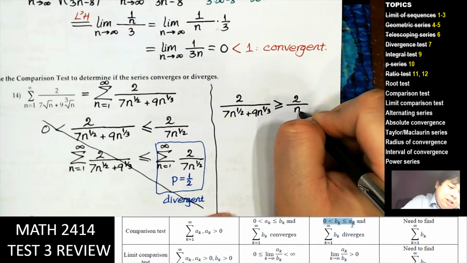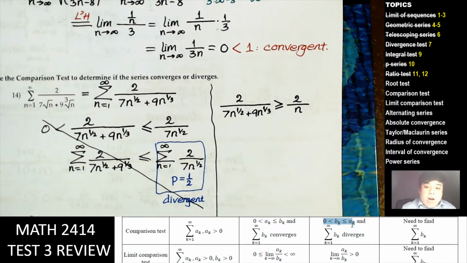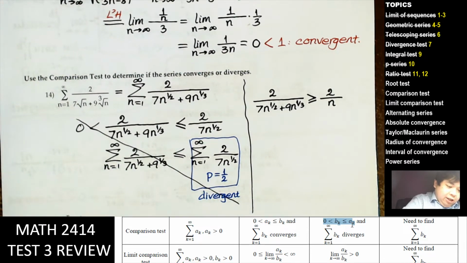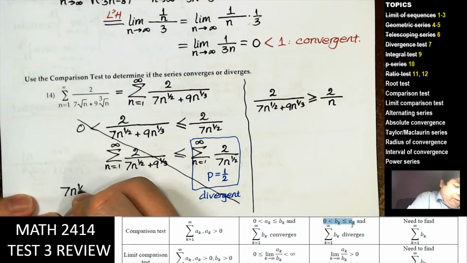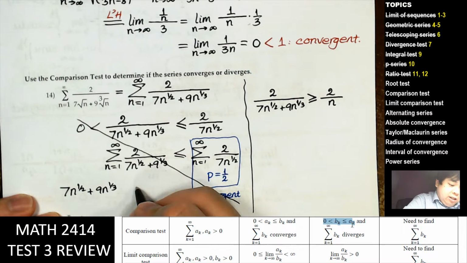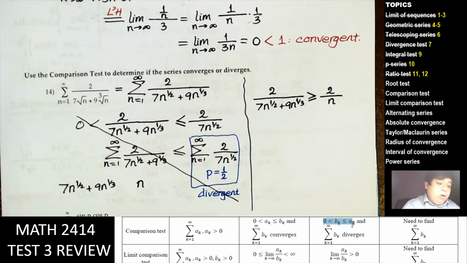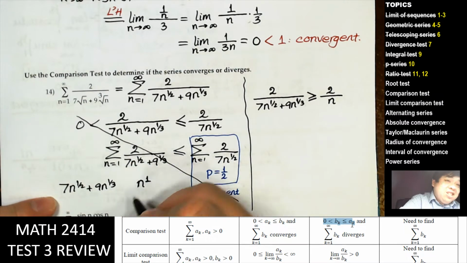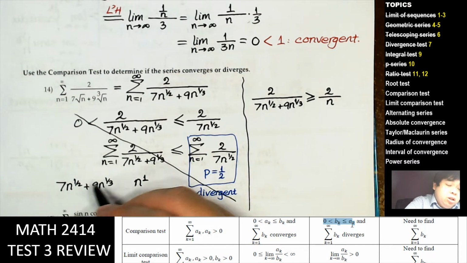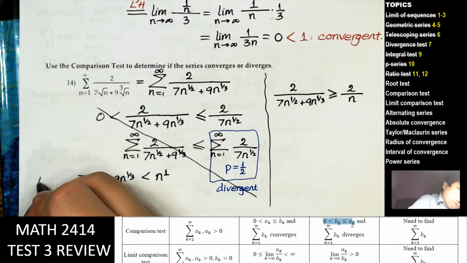n. So how does that help and why do we come up with that? Let's look at this. If we have 7n to the 1/2 plus 9n to the 1/3 and we compare with n. Remember, if we put all of this together as a polynomial, this one to the first power has the highest power. So this one is bigger than that as n goes to infinity.